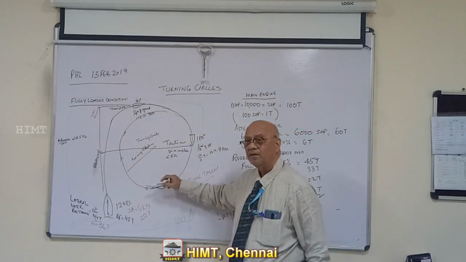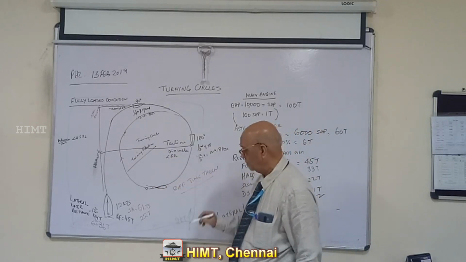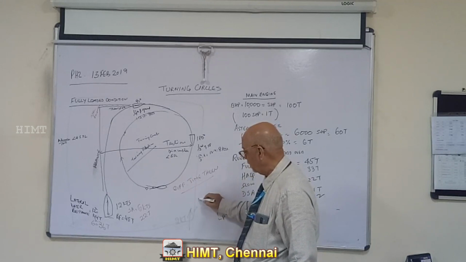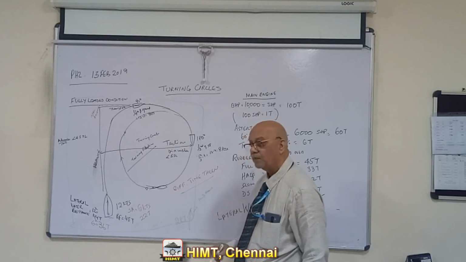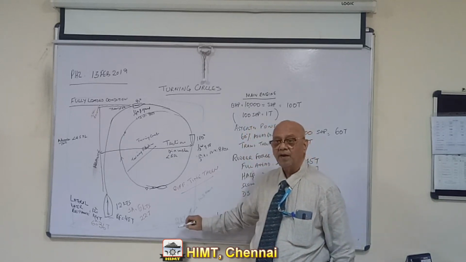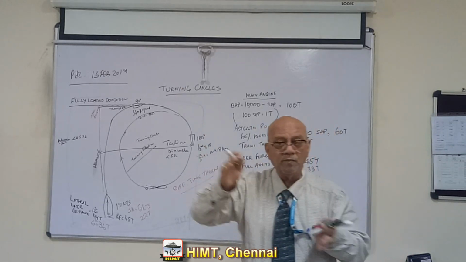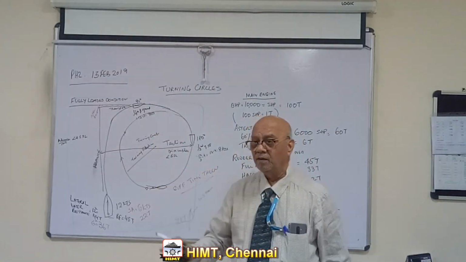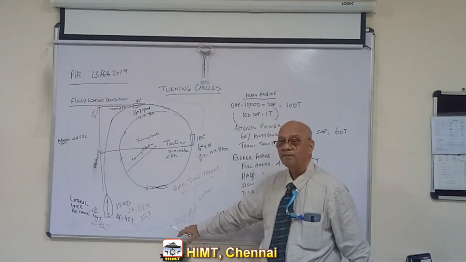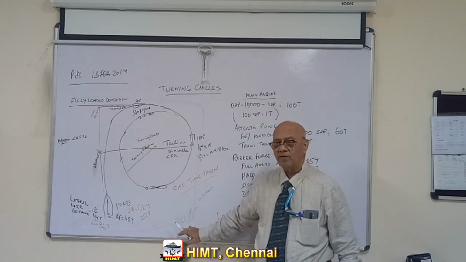So if I take the turn at full ahead in 5 minutes, the water body will move how much? 2 knots in 1 hour. For 5 minutes, 1/12 of that.